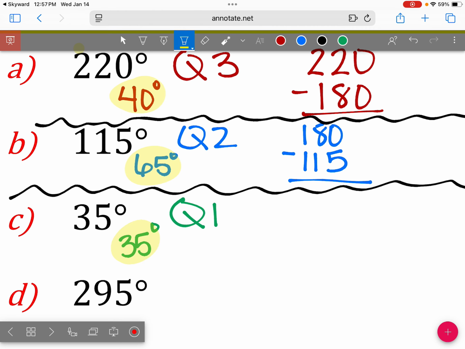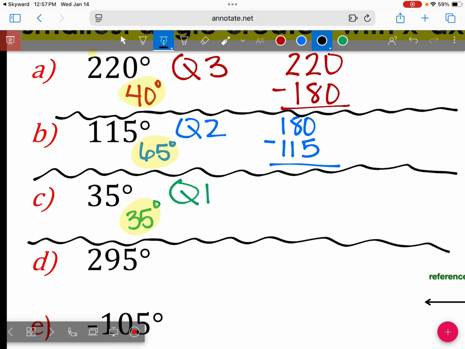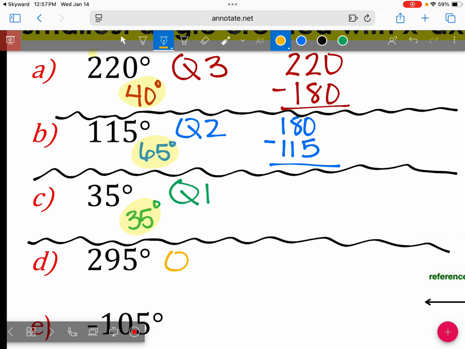All right, 295. Show me with your fingers. Where is 295? All right, good. What does the formula tell you to do in Q4? Yep, it says take 360 minus the angle.